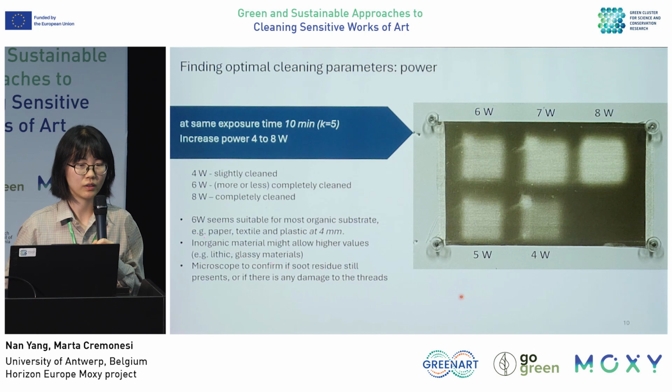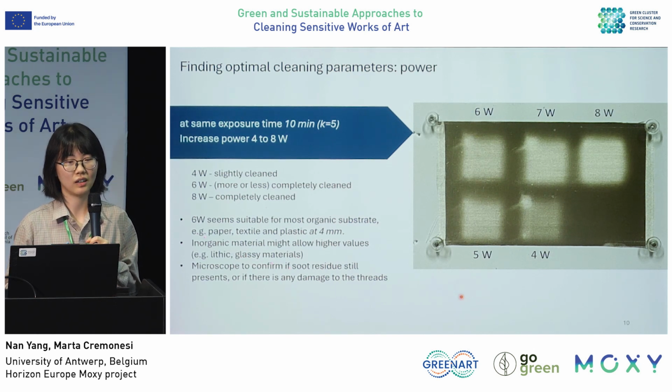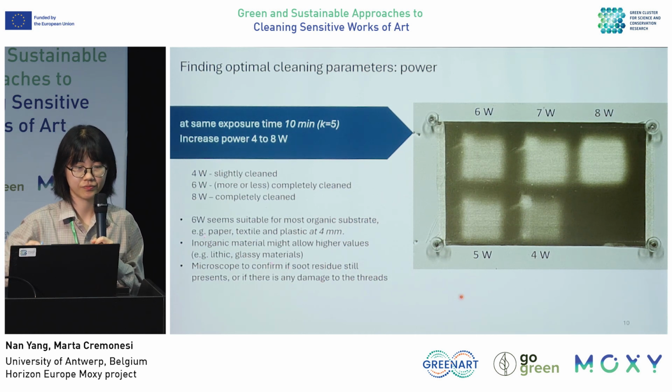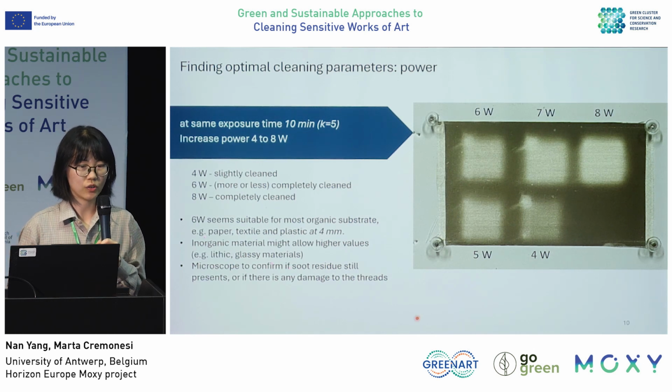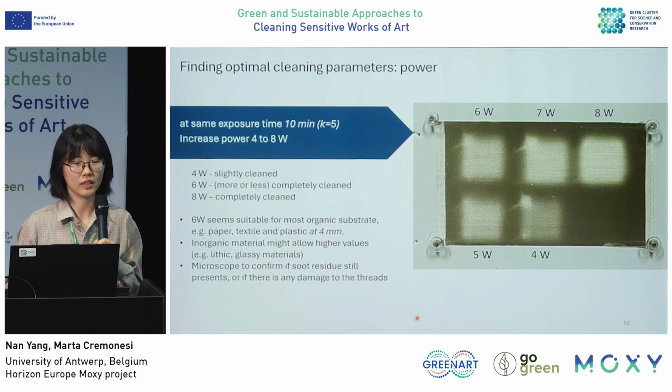Of course, for inorganic materials, we could have even higher power. So it depends on which substrate you are dealing with. We would like to confirm if there are soot residues on our sample, and also if there is certain damage after cleaning.